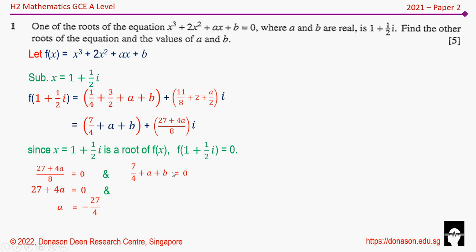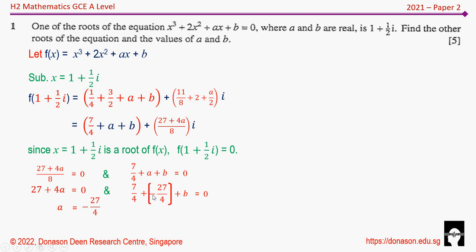Since we got the value of a, we can substitute into the second equation here, and we can look for the value of b. So you've got 7/4 plus the value of a, which is minus 27 over 4, plus b equal to 0. So this is 7/4 minus 27 over 4.